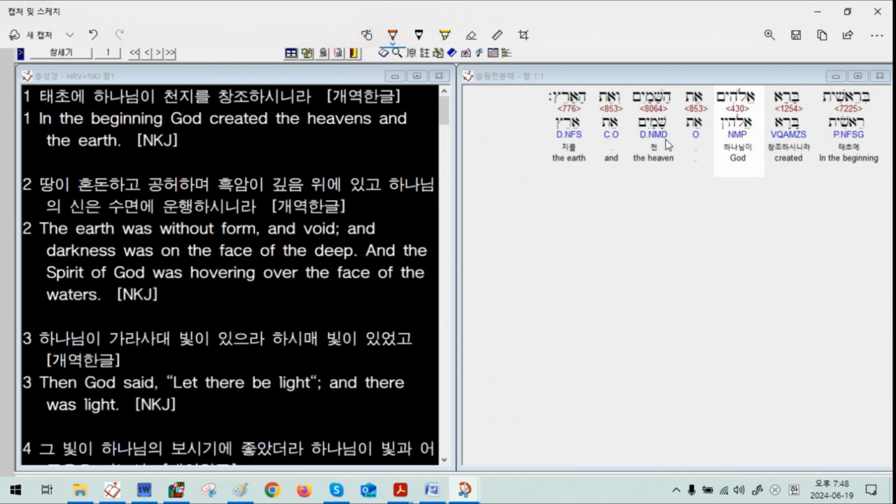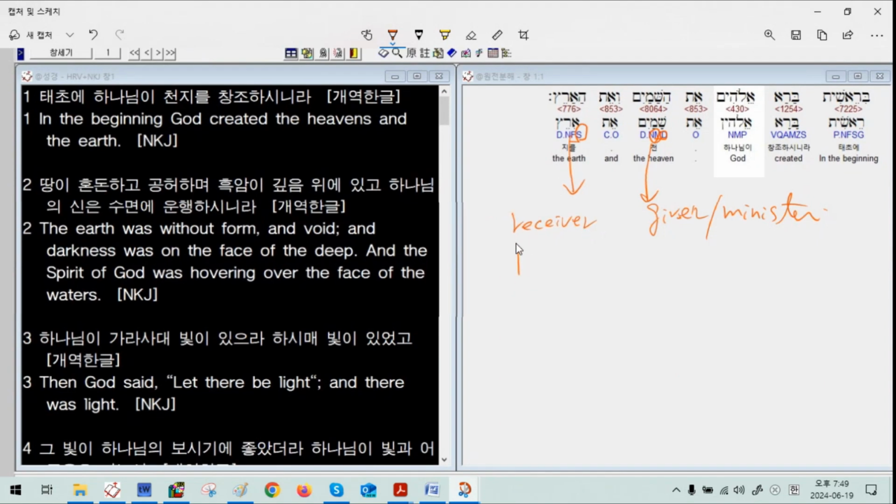Since heaven is the dual and earth is the singular, when we study masculine and feminine, the masculine role is the noun that is the giver, right? And then minister, right? And the feminine role is the noun of the receiver, right?